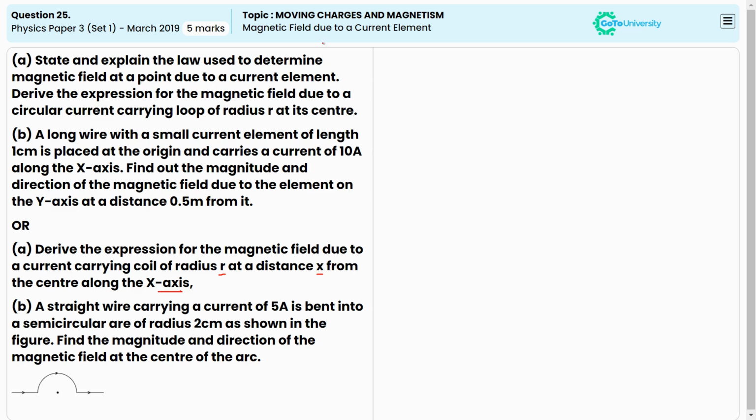According to the Biot-Savart law, we know that mod of dB vector is equal to mu naught divided by 4 pi times I into dl sin 90 degree divided by mod of r1 vector whole square.